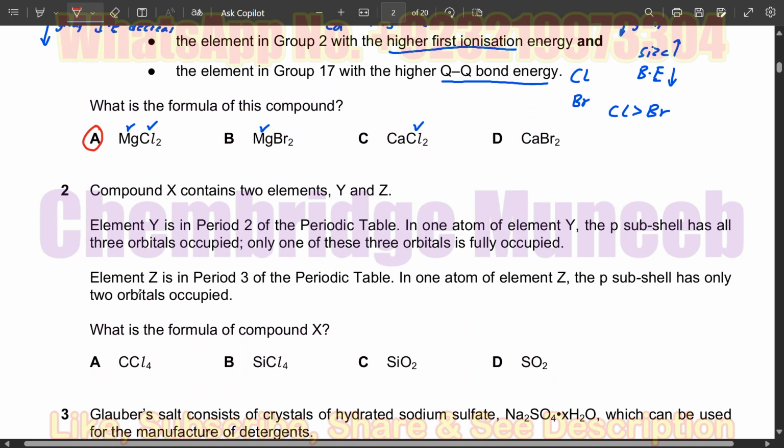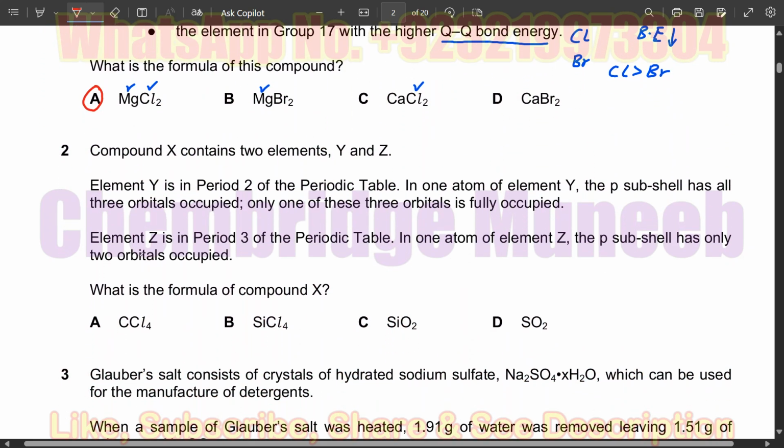Then the second question: compound X contains two elements Y and Z, and their information is given here. They are saying that Y is an element in which the p subshell has all three orbitals occupied. All three orbitals.